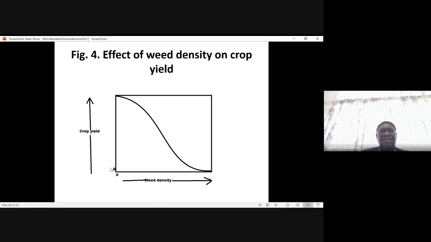So this was what I was trying to explain earlier on. If you have crop yield versus weed density, you get an S-shaped graph, which is the sigmoid curve, which was proposed by Zimbabwe.